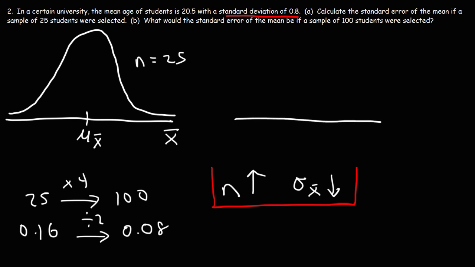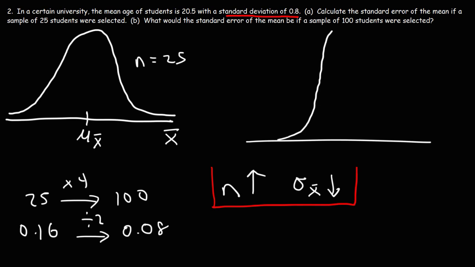If we do the same thing, but with a sample size of 50, the graph is going to be more narrow, and it's going to be taller. So I need to redraw this one. It's going to be narrow in shape, but the height is going to be greater.